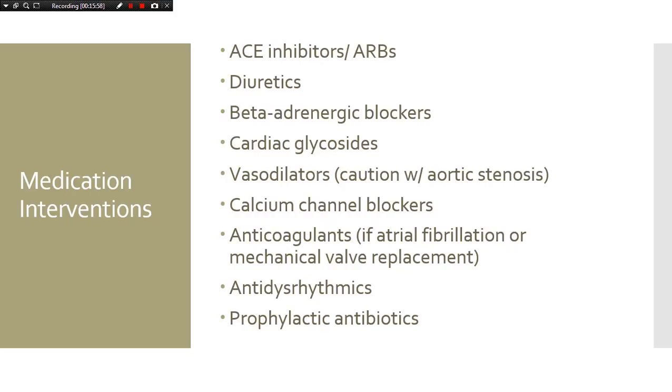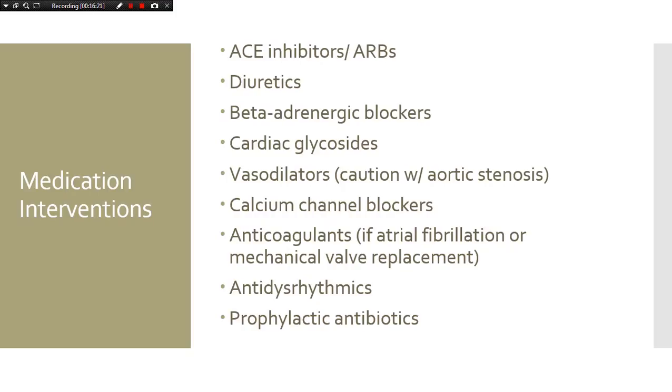It focuses on preventing exacerbations of heart failure, acute pulmonary edema, thromboembolism, and recurrent endocarditis. Heart failure is treated with vasodilators, positive inotropes, beta blockers, diuretics, and a low-sodium diet.